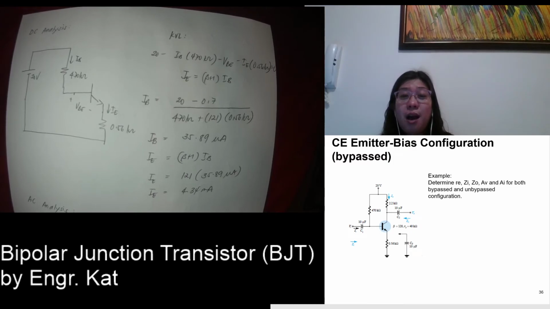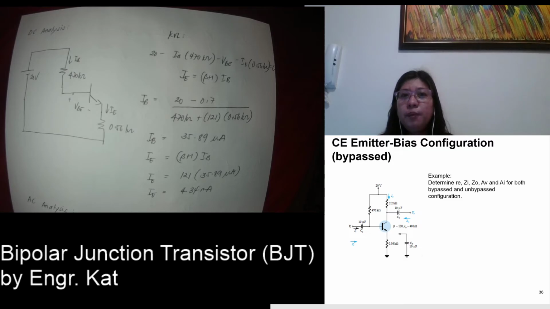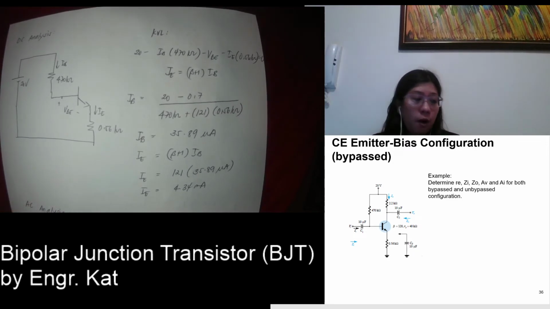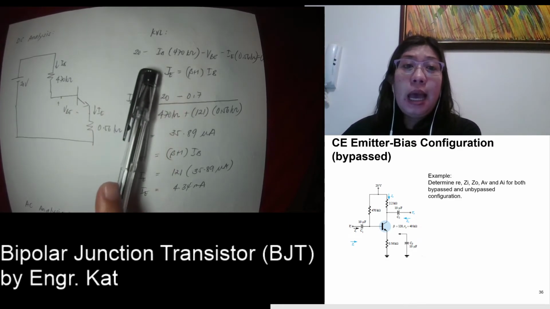So this is our formula for an emitter stabilized common emitter configuration. We have here your input side, and we are just going to deal with the input side wherein we need to solve for your IE. However, we cannot solve for IE yet. So if we have our KVL here, we have positive 20, minus IB.